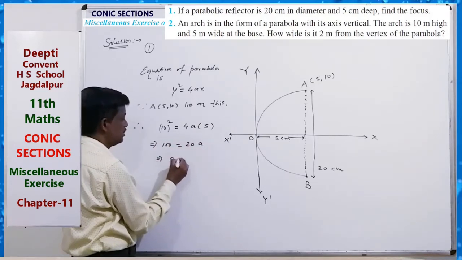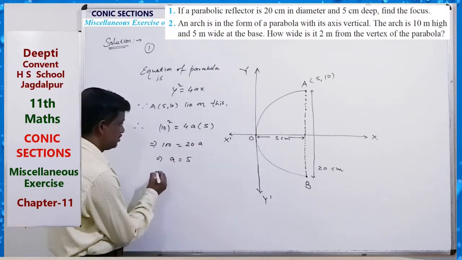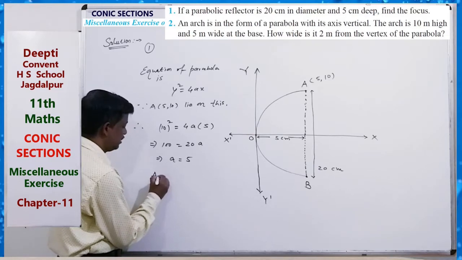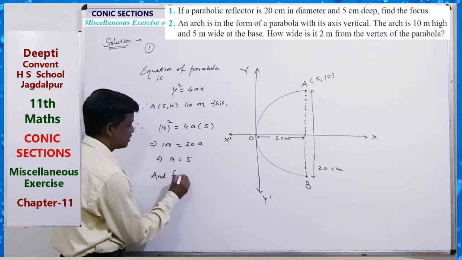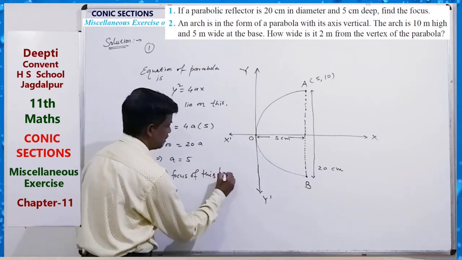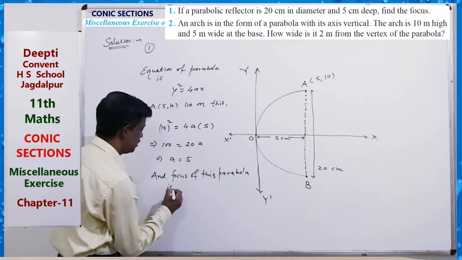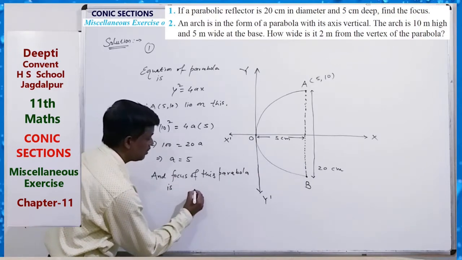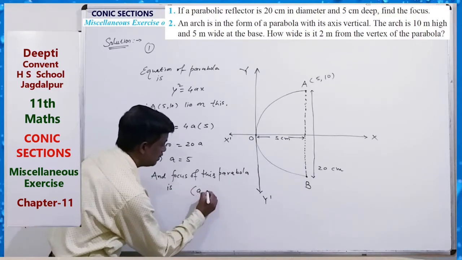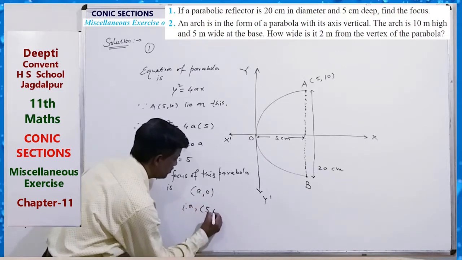It implies a equals 5. And the focus of this parabola is (a, 0), that is (5, 0).